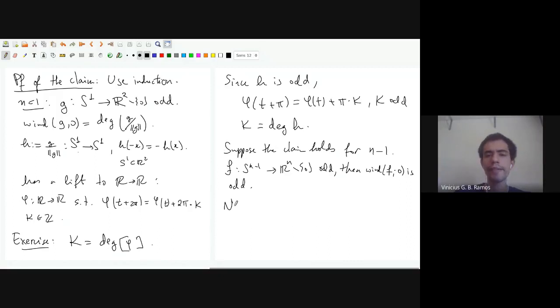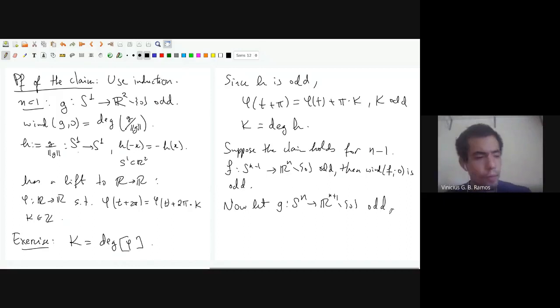So now let g be a function from S^n to R^(n+1) minus 0, which is odd. Okay? And now we are going to look at the equator. We want to reduce this to dimension n minus 1 somehow.